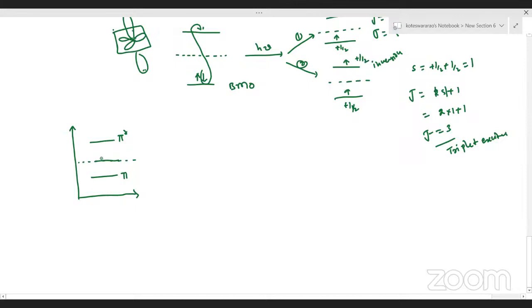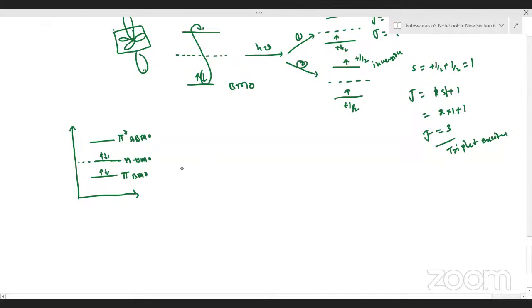N means non-bonding molecular orbital. It is also having 2 electrons. Both are having 2 electrons.